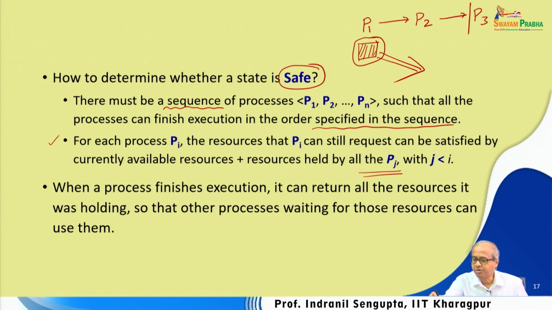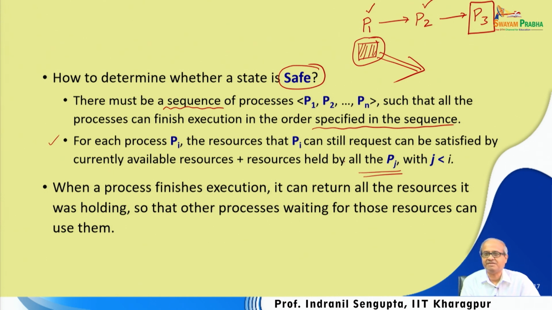Let us say we talk about P3. P3 requires some more resources, and those must be available with P1 or P2 combined, because after P1 is finished it will release its resources, and after P2 is finished it will release its resources, and those released resources should be sufficient for P3 to finish.